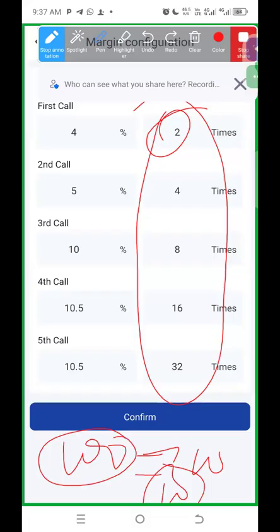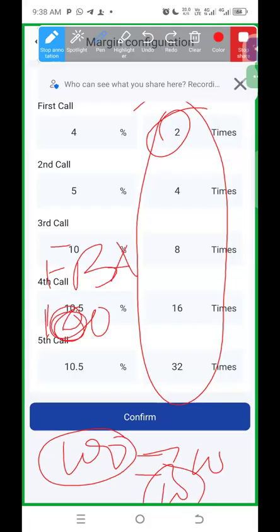Now, my first buying amount is 100. They said I'm buying two times. So two times simply means I'm going to buy two times of this 100, which is two times 100, which is 200.